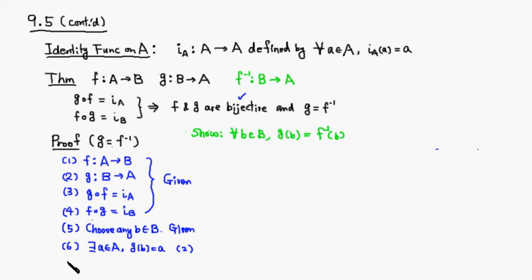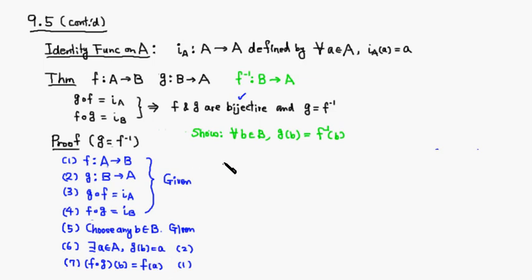Line 7, since f is a function from A to B, we can apply f to g of b, and we can apply f to a. So if you apply f to g of b, we get f of g of b, and apply f to a, you get f of a.